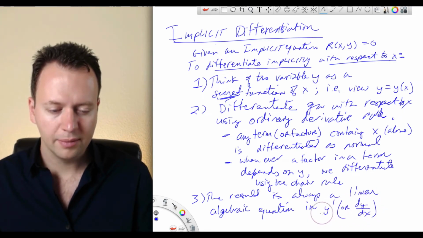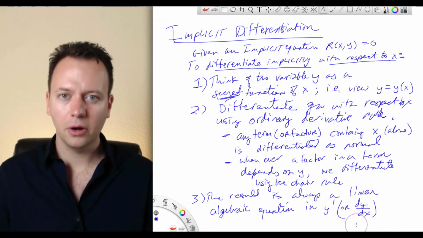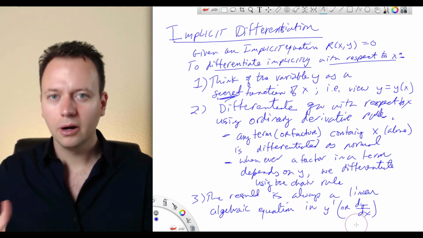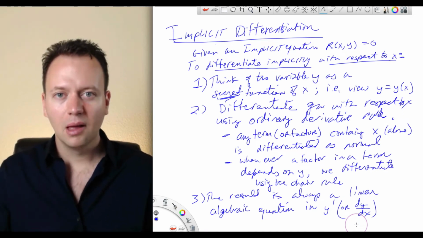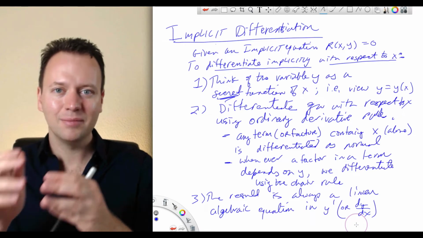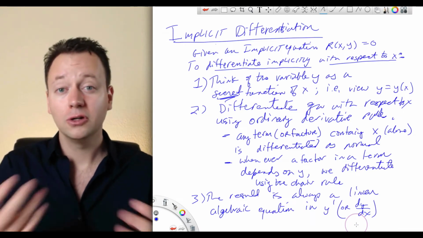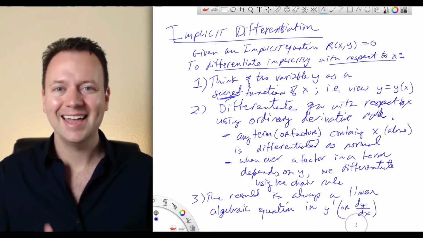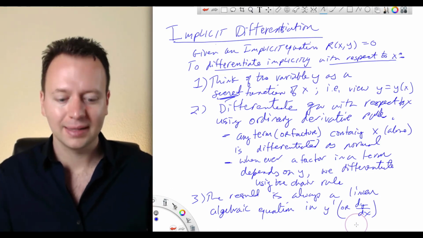So y prime, aka dy dx. And you can always solve a linear equation. So you might have nonlinear functions of y and x still cropping up, but it's going to be something times y prime plus something is equal to 0, so you can solve it for y prime, and that is the implicit derivative of y with respect to x.